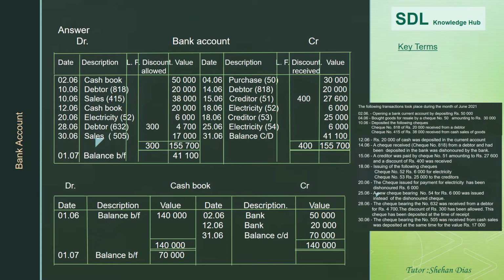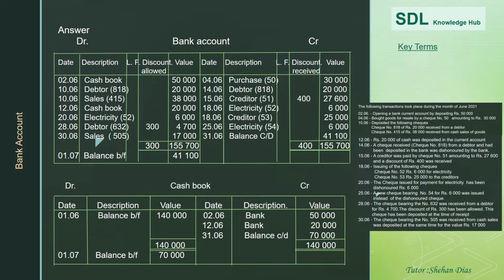Then on 15th, the creditor was paid by check number 51 amounting to 27,000 and a discount of rupees 400 was received. So this is a payment from the bank account. So the bank balance will reduce. So it will be on the credit side for 27,600, the payment, and discount received is an income, right?